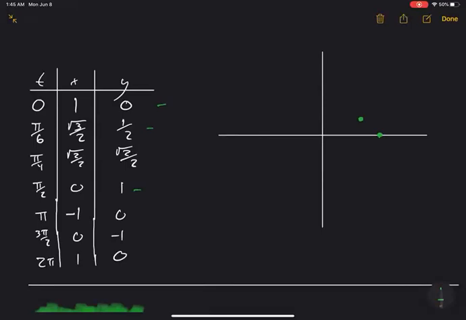At pi over 2, I'm at x coordinate 0, y coordinate 1, so I'd be up here. Okay, and then at time pi, I'd be at -1, 0, so I'd be there. Then for 3 pi over 2, I would be here, and then at 2 pi, I'm back here. So maybe, just from the 4 or 5 points I've drawn, maybe you think it's just a diamond or something.